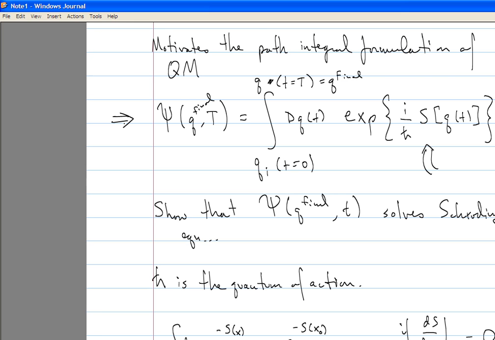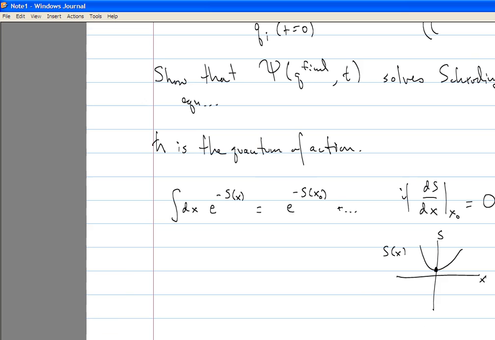Now everywhere we have a d, we just replace it by a script d, or by a Greek d, because we're dealing with functions instead of numbers. And so that says that the integral over all paths of e to the i action over h bar is dominated by the path where the derivative of the action with respect to that path is equal to 0.